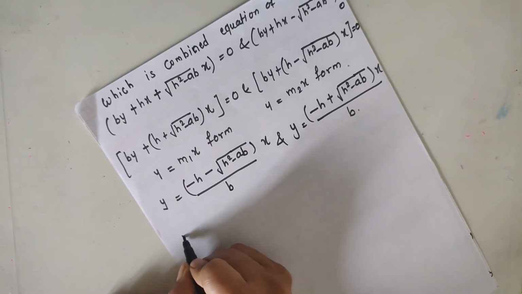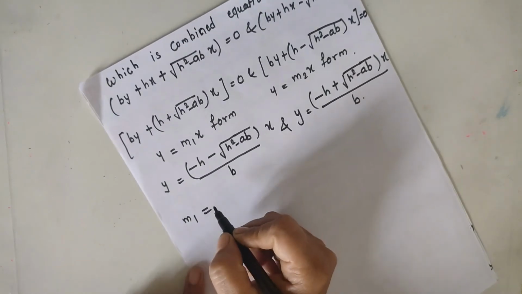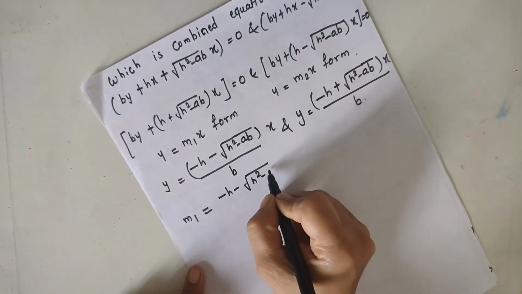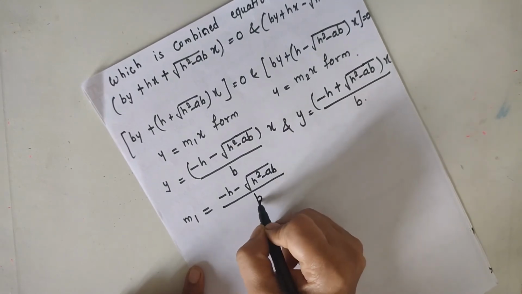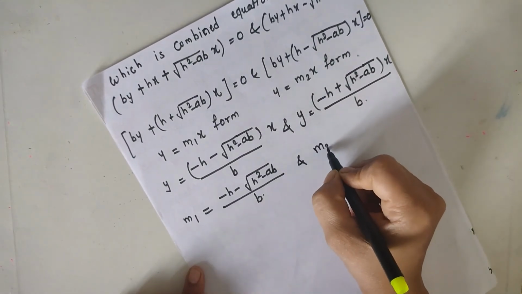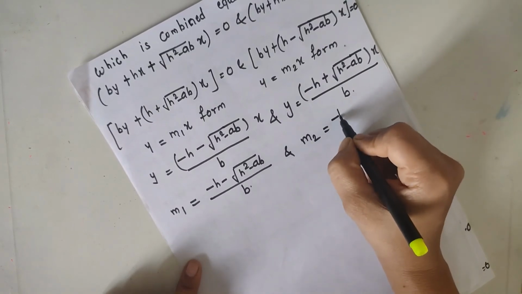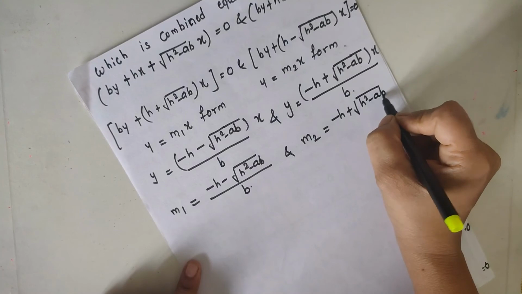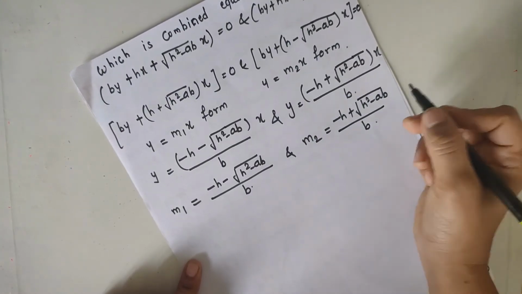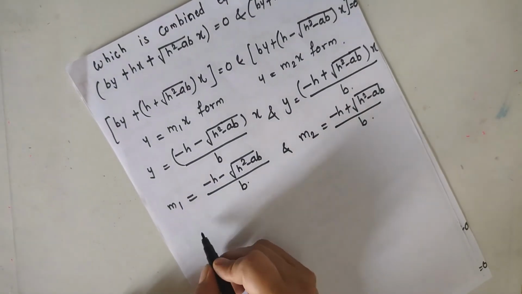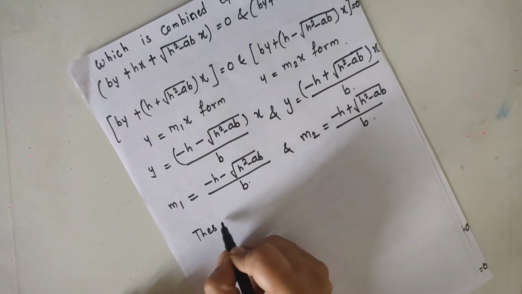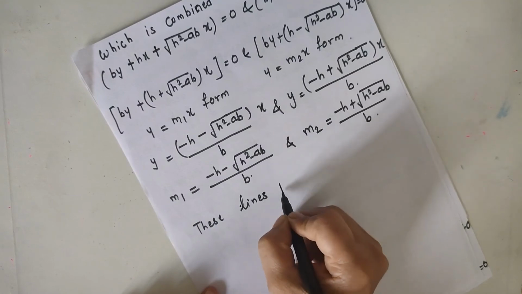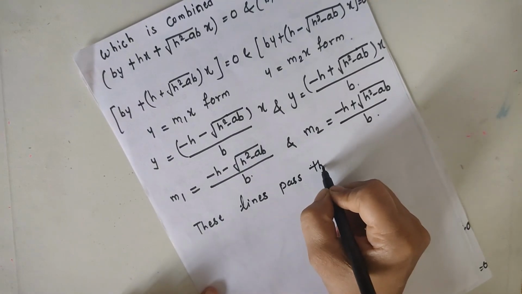So here we get the value of m1, that is the slope of the first line, minus (h minus under root of h square minus ab) divided by b, and the second slope m2 is equal to minus (h plus under root of h square minus ab) divided by b, and these lines also pass through the origin.